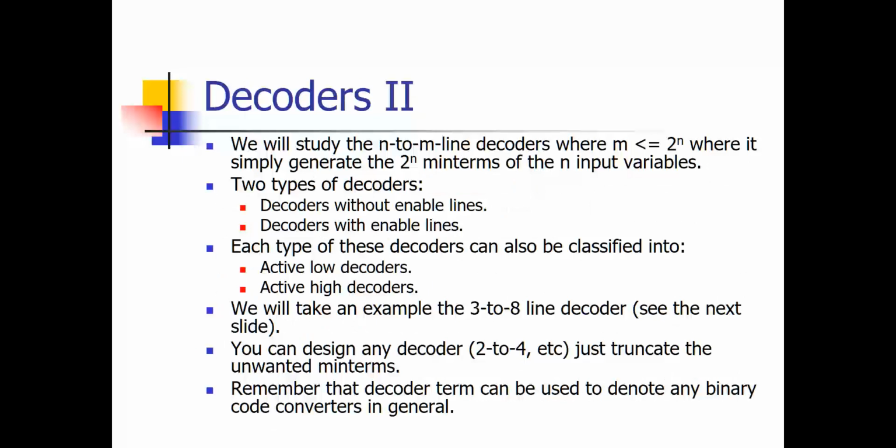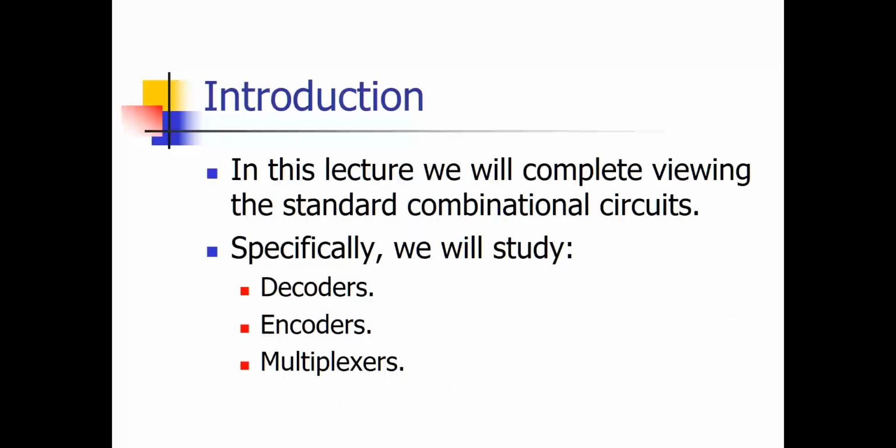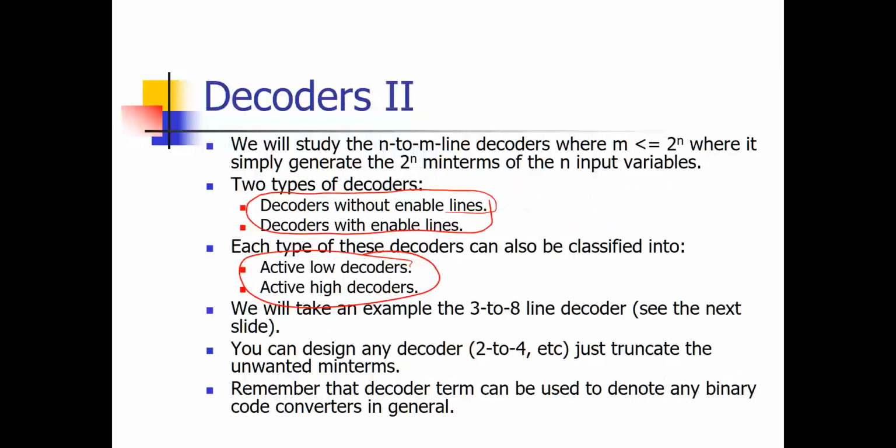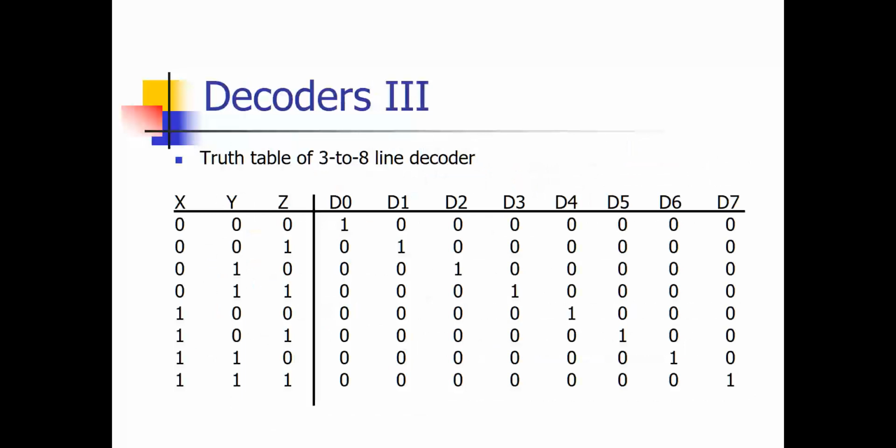Okay, and that's what we are saying here. These are the decoders with the enables, the active high and the active low, which we already explained. Here is another example of a decoder where we have 3 to 8 lines.